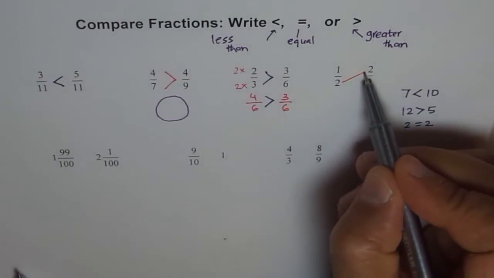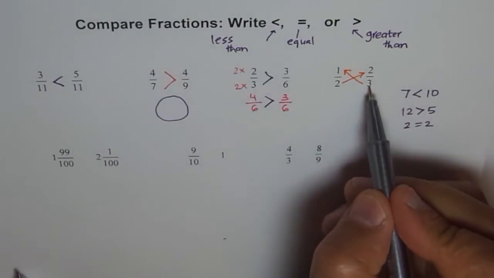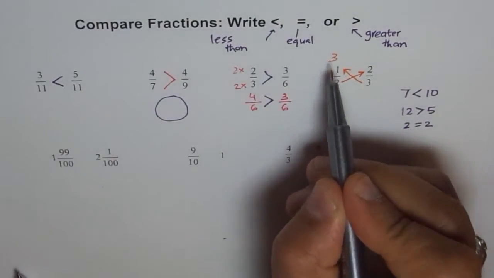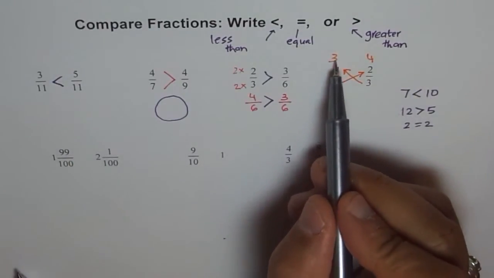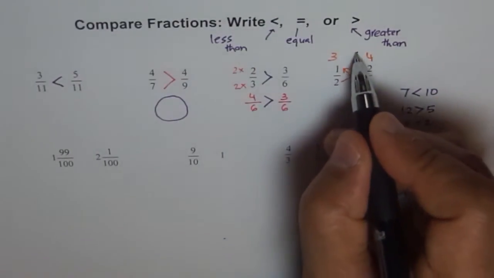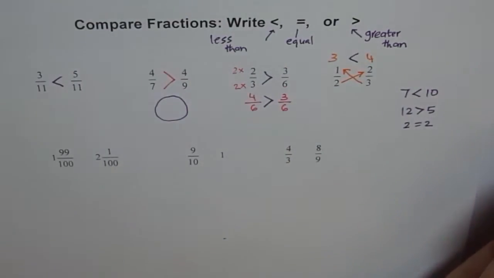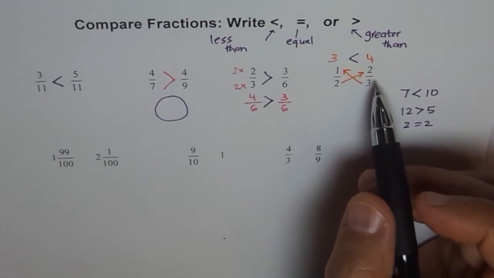You multiply this by this and this by this, right? If you do that, 3 times 1 is what? 3. And 2 times 2 is what? 4. Now, is 3 greater than 4? No, it is less than. And that's how you get it. Simple as that. So cross multiply is the best technique to use here to compare fractions.